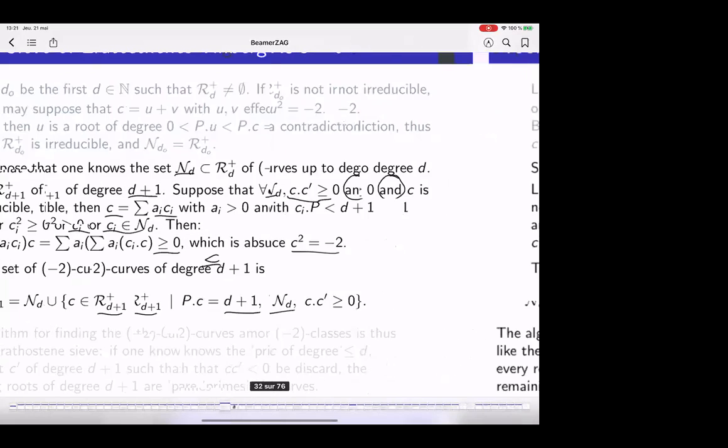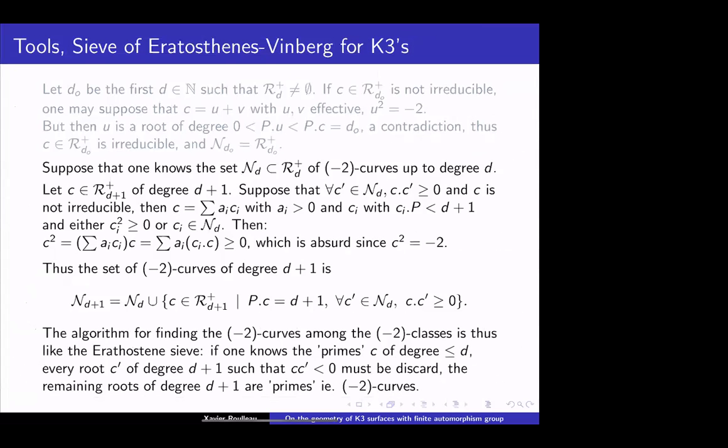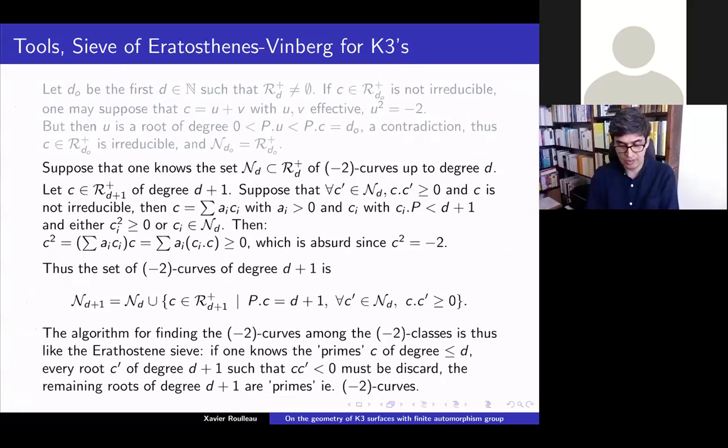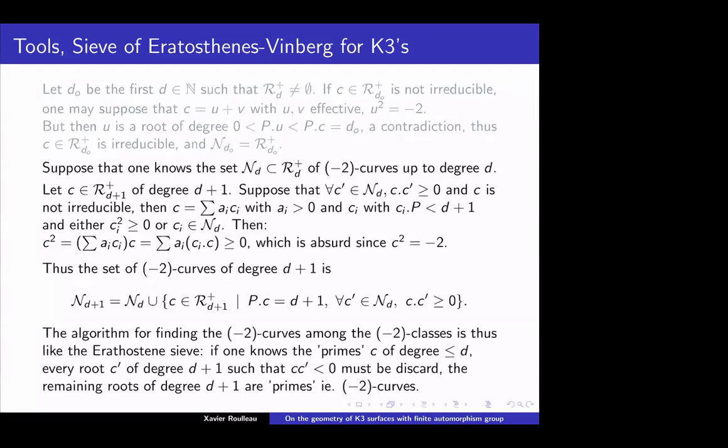And so, yeah, the algorithm for finding the -2 curves among the -2 classes is like the sieve of Eratosthenes. If you know the primes of degree less or equal than d, then every root of degree d+1 such that the intersection with C is negative must be discarded, and the remaining roots of degree d+1 are primes, which means for me -2 curves.